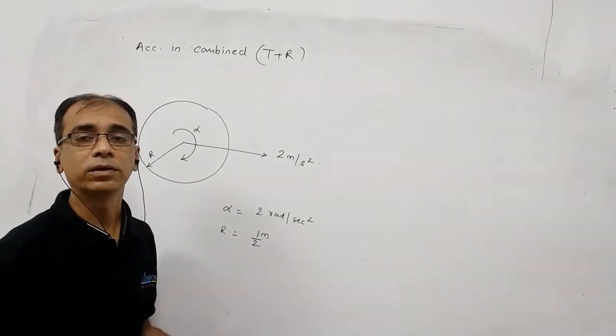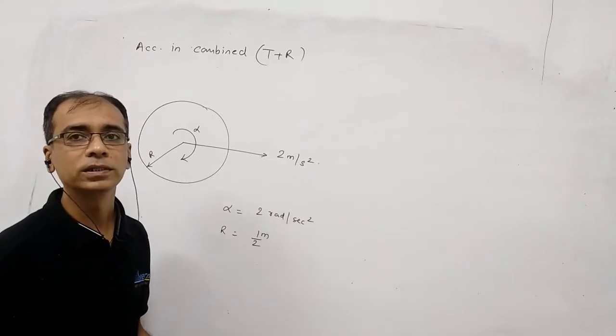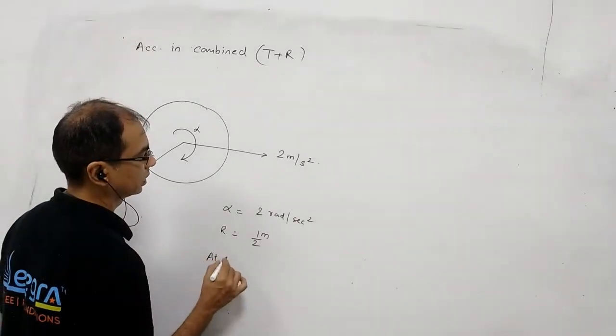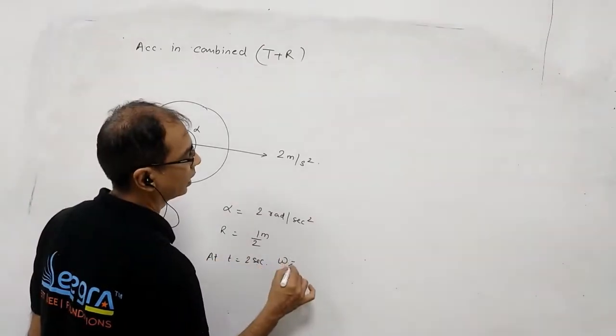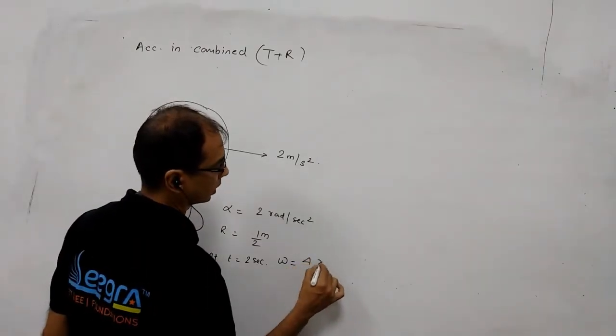Because in radial acceleration, omega is involved, so we need to have an instant. Let's say at t equal to 2 seconds, omega value is 4 radian per second.